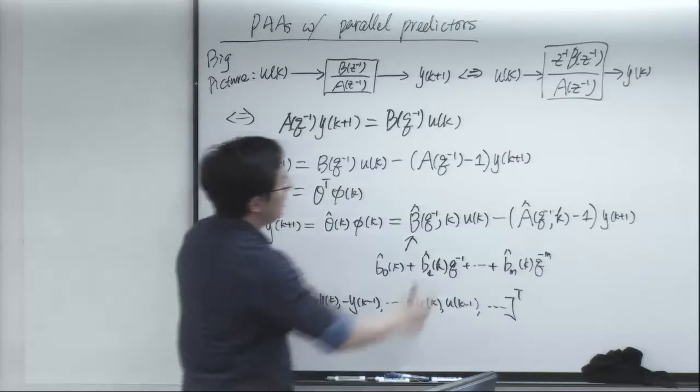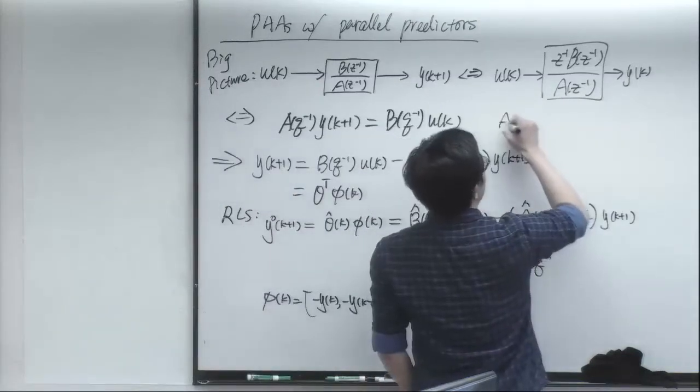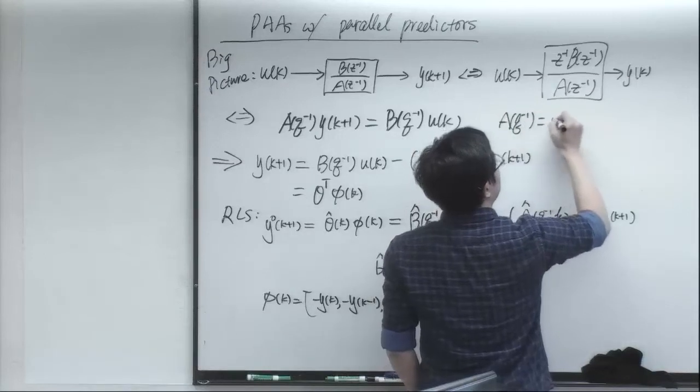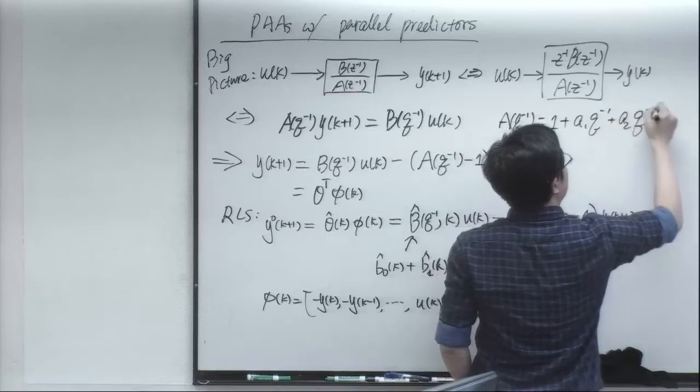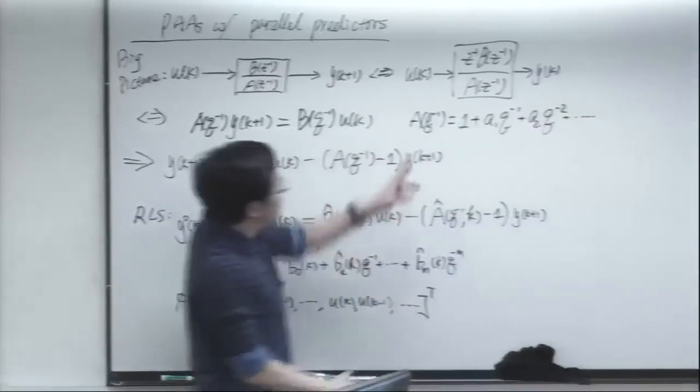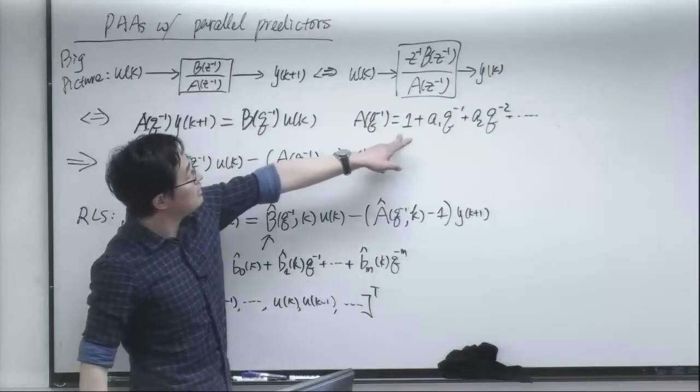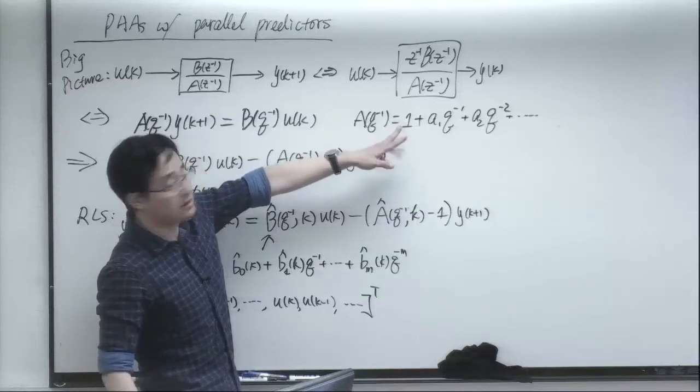All right? And the observation is our assumption is that A is in this kind of structure. So the leading coefficient is 1. We have normalized the coefficient already.